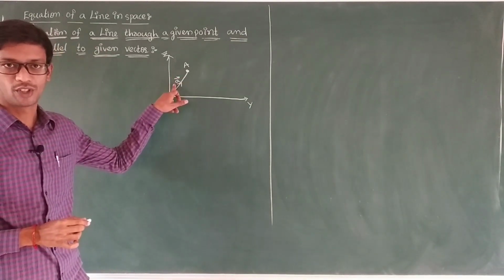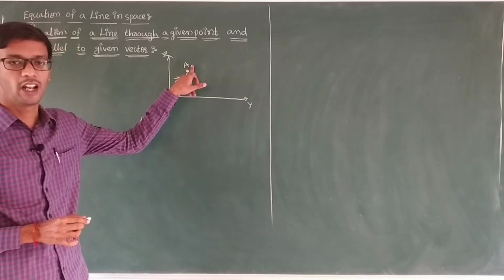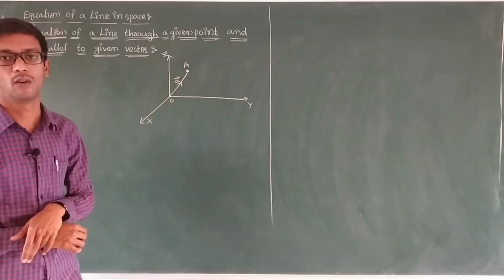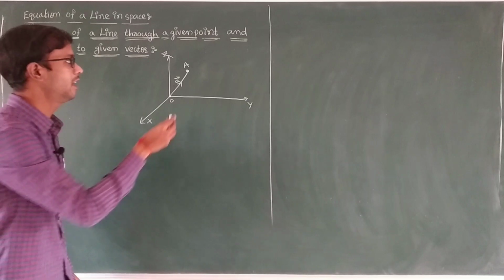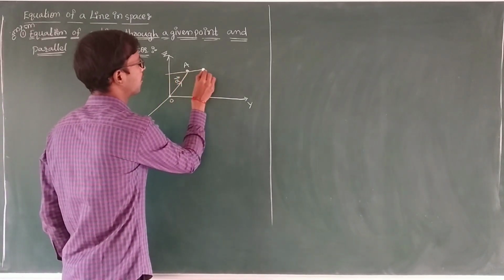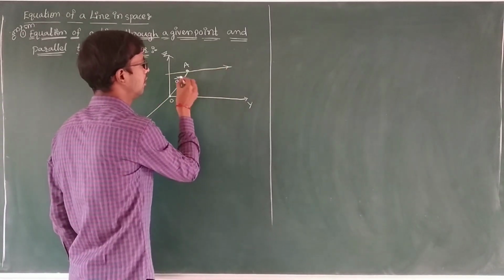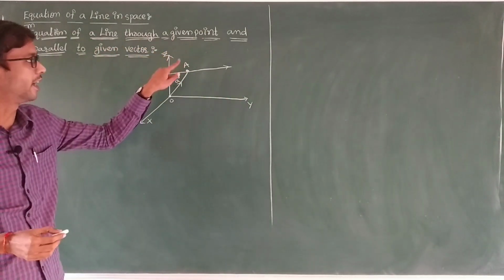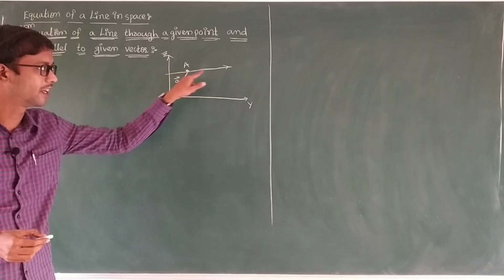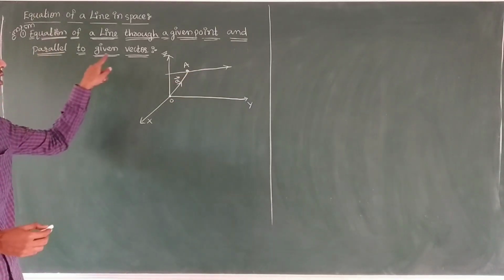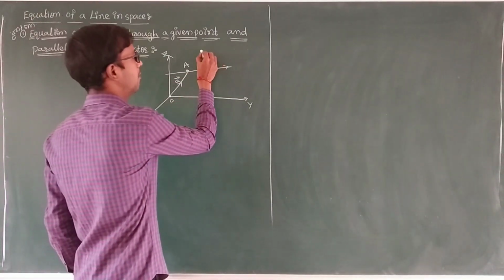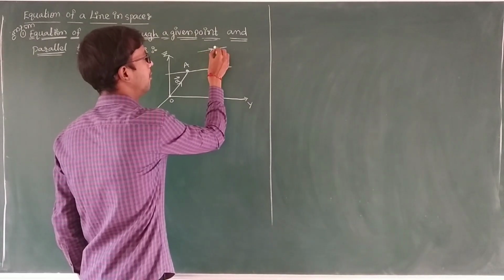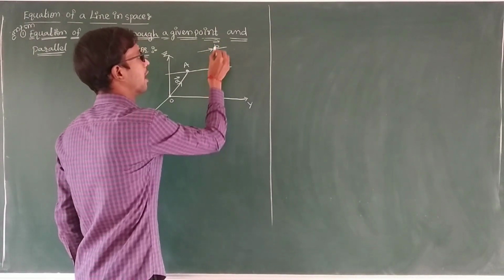A bar is the position vector of point A with respect to origin O. A line passes through the given point A and is parallel to a given vector, which I am taking as B bar.